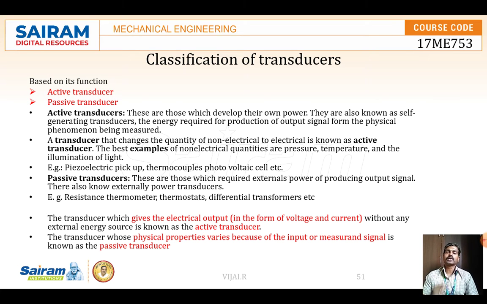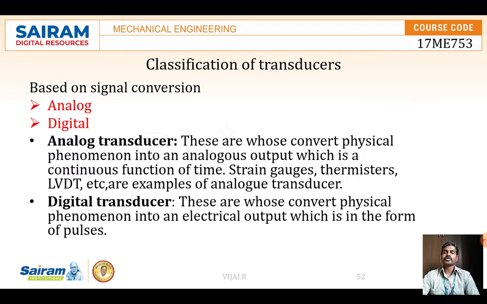An active transducer does not need any external power for transferring the input to the output signal. That is a very important thing. The resistance thermometer is a passive transducer. We need an electrical supply, and with that it changes the temperature to a signal, right?